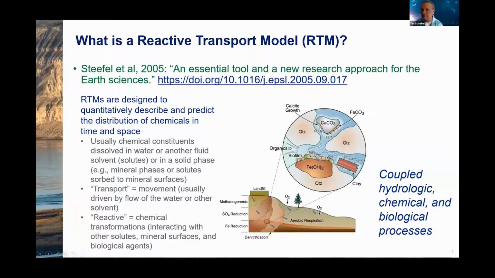Here we have a diagram from Carl Steefel's paper showing an example of a system that could be modeled by reactive transport models. Here we have leachate coming out of a landfill.